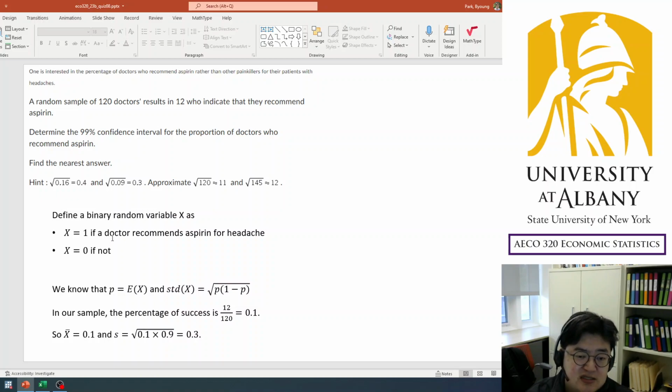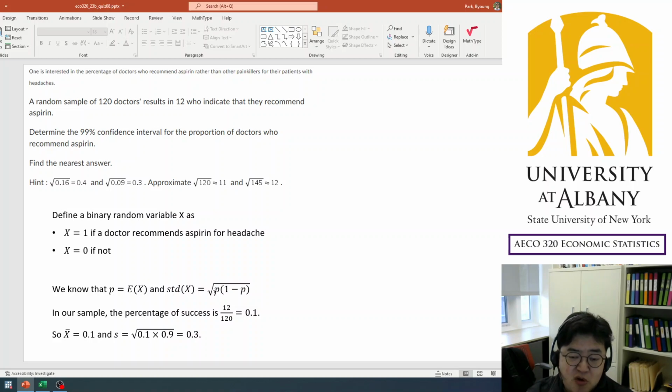And because it is a binary random variable, we also know that the probability of success p equals the mean. So our estimation of the proportion of doctors can be converted into an estimation of the mean, mathematically equivalent.